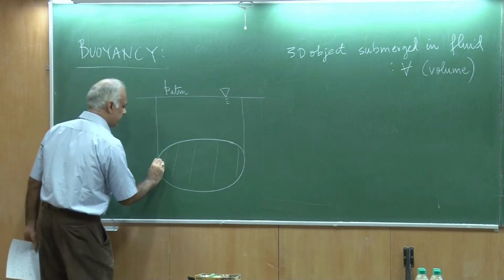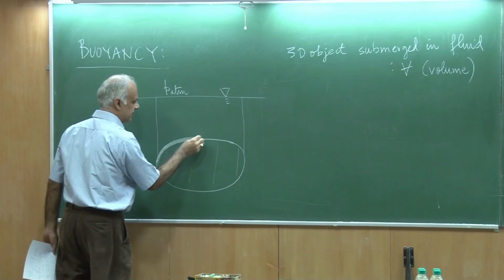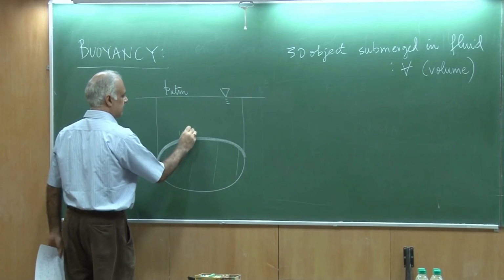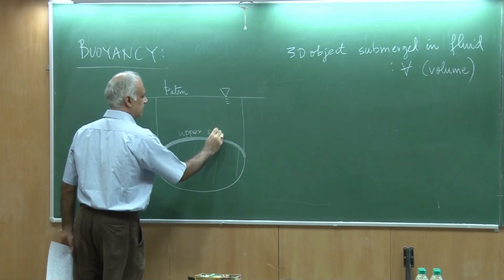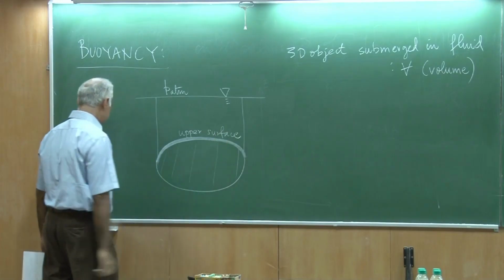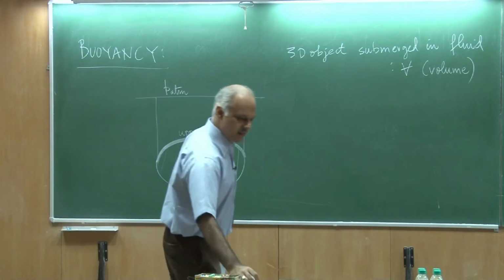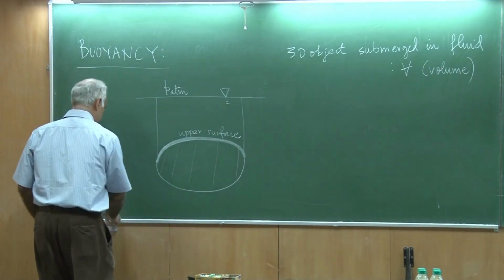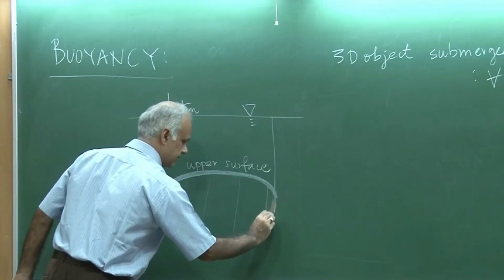So there is an upper surface of this body. So this is the upper surface, and I am going to talk about a lower surface.